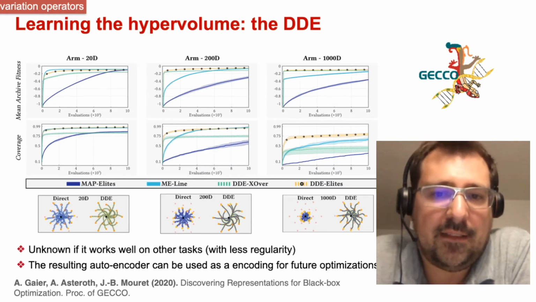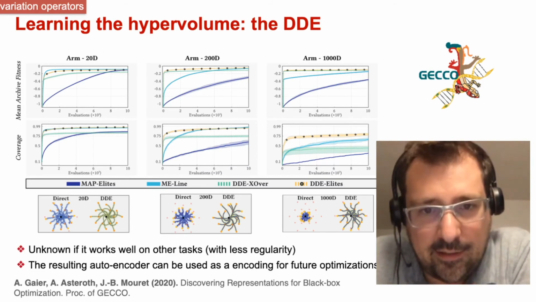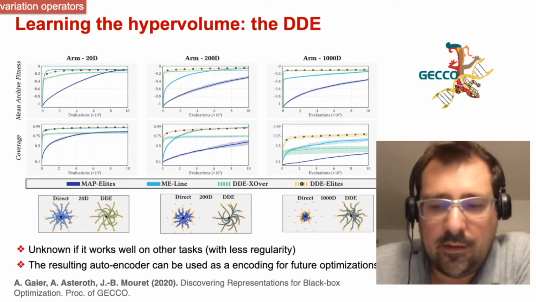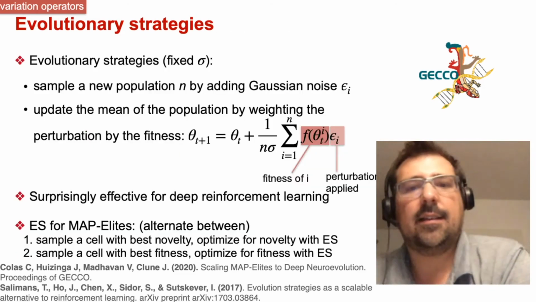And the reason is that it finds the recipe and then just applies it again and again and again. So please check the paper and the video in Gecko 2020 about this.